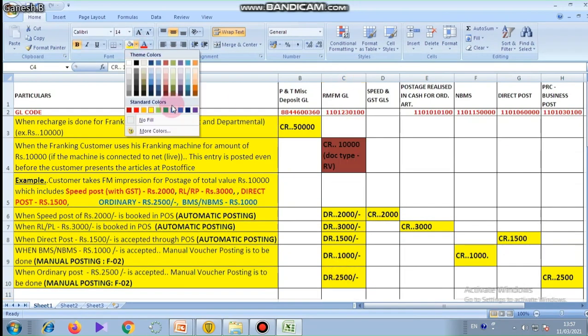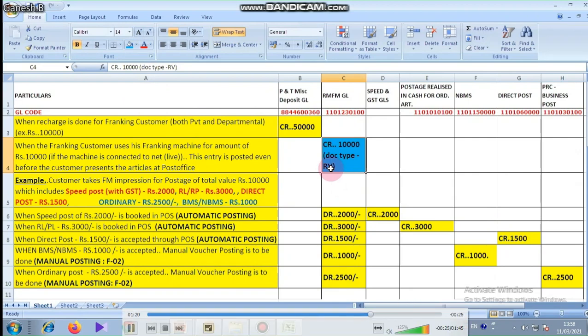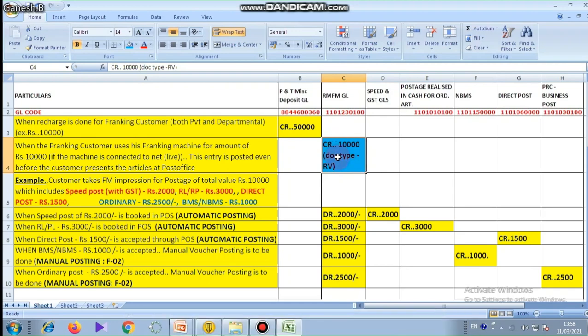Okay, but the problem we are facing is that many are not making a voucher posting for these two, bill mail service and ordinary post, because of which this amount is still remaining in RMFM GL itself as unutilized. Okay, so only when you do voucher posting correctly, then your RMFM accounting will be on the correct path.